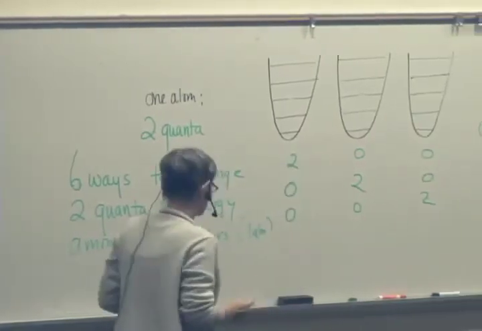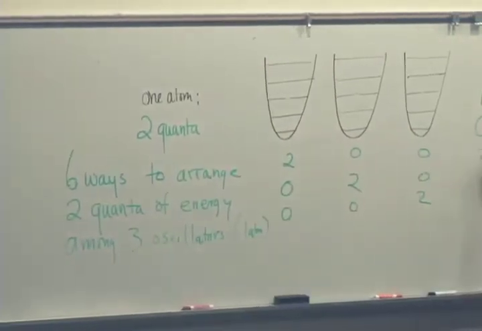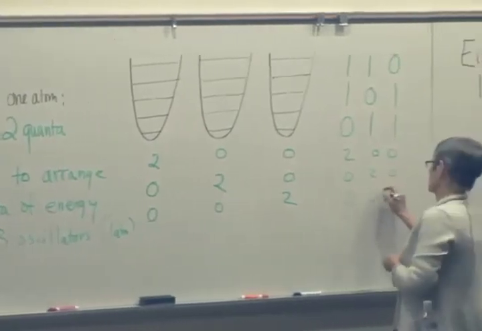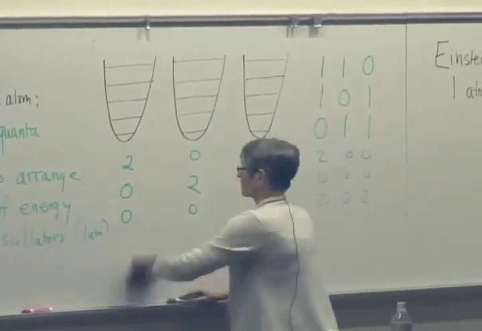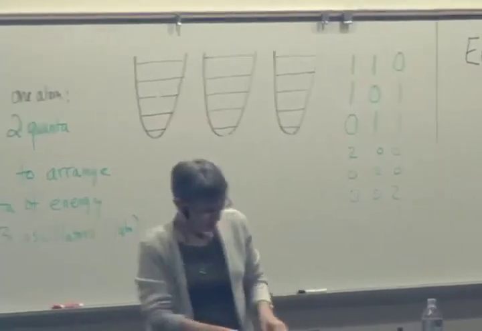So we're basically just learning to count here. So 6 ways. 2, 0, 0, 0, 2, 0, 0, 0, 2. Okay?